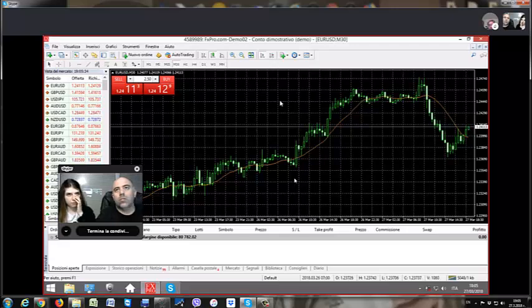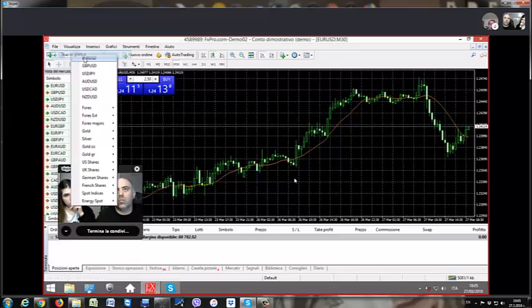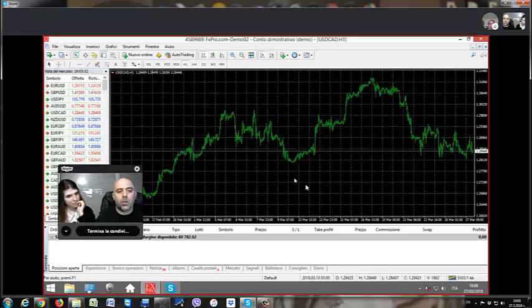That's the reason why, when I open it, immediately I can set up any currency if I need. Suppose I need a graph of dollar Canadian. This is the dollar Canadian. I click twice on the zoom, one, two.